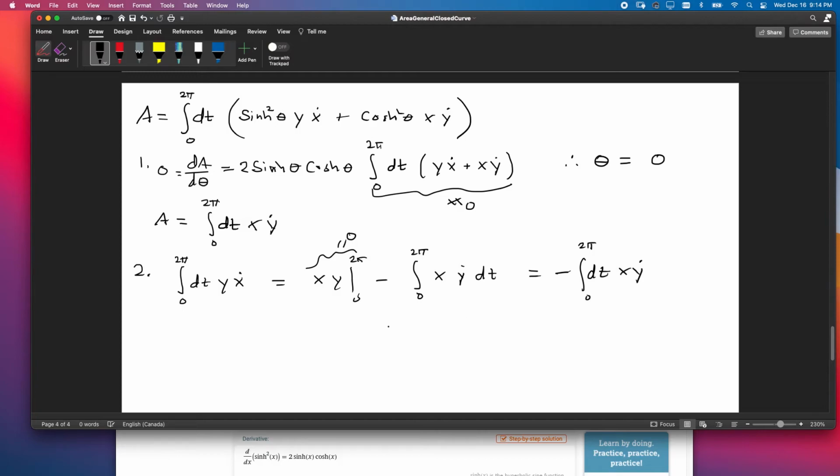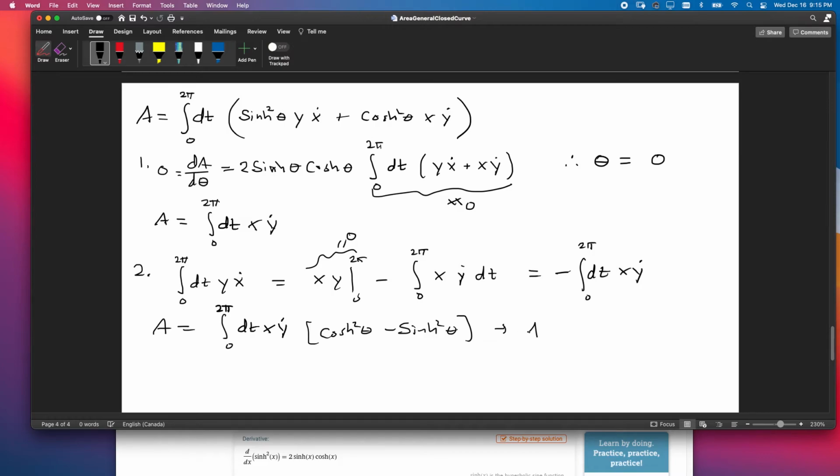So now when we go back up into our area integral, we see that we can replace this first integral by the negative of the second. So then my area is equal to, I'll just factor out this common integral of x y dot, and we're left with cosh squared theta minus sinh squared theta. And this is equal to 1.